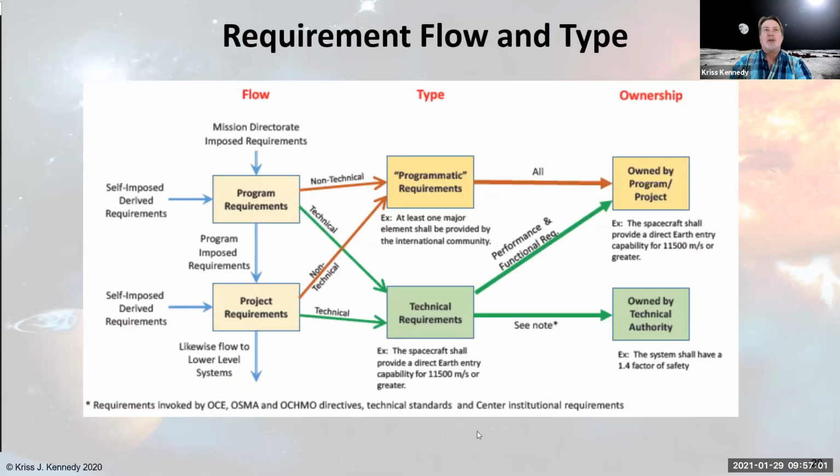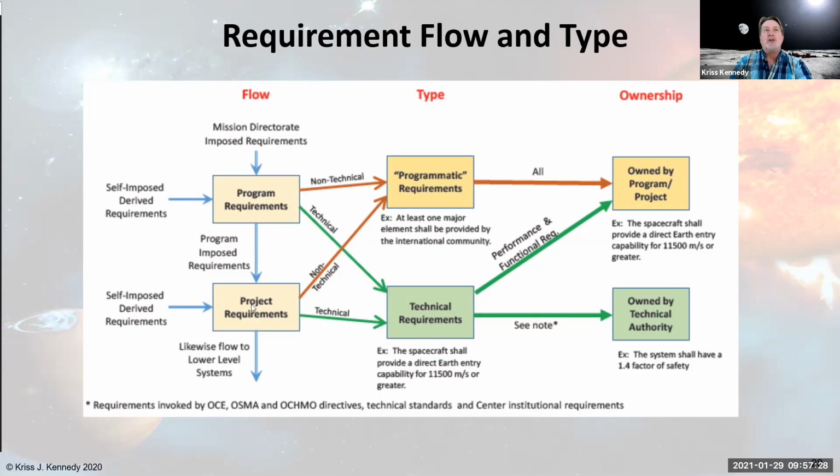Requirements can be kind of challenging, and there's a lot going on that influences requirements and getting them right. So you've got the flow, the type, and the ownership. And so you have the aspect of the program requirements, which are mission directorate imposed requirements, and self-imposed derived requirements from analysis and studies.